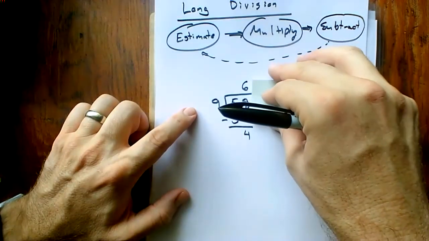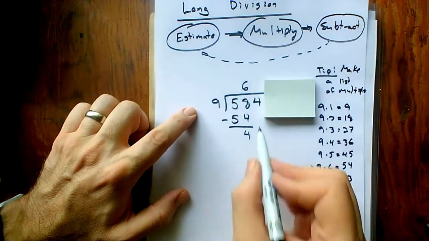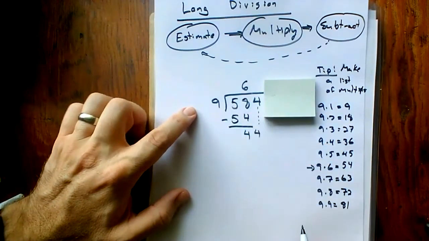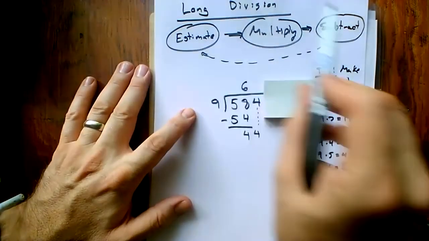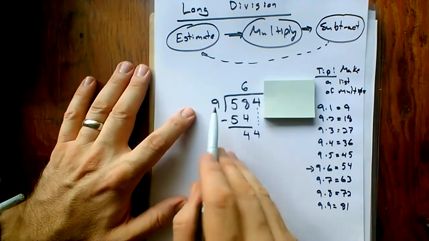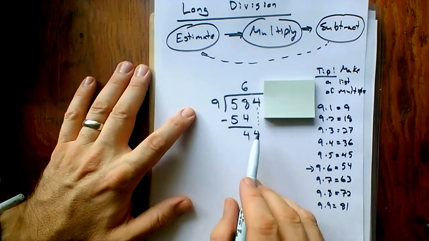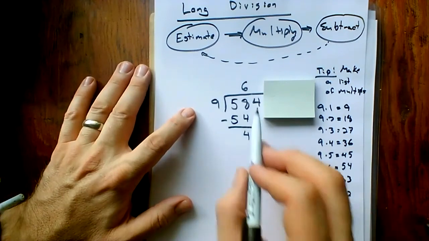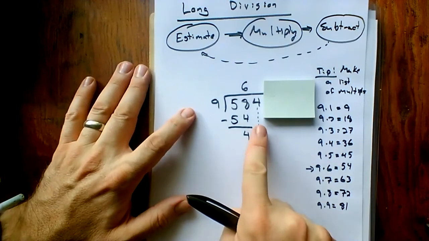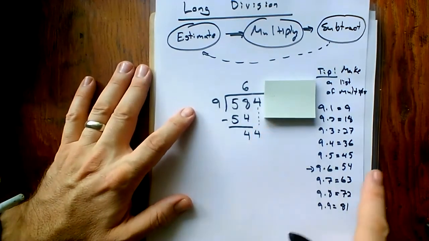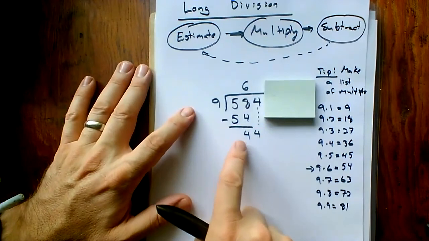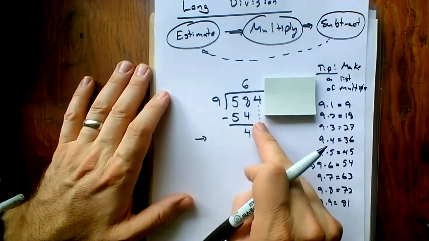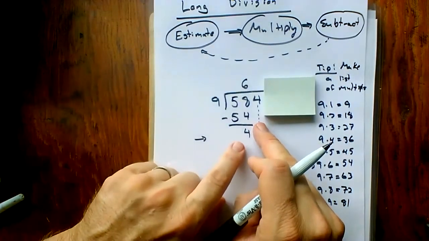Now, I'm going to bring my next digit over. This 4 is going to come down, and I'm going to start to repeat this process. How many times would 9 go into 44? Well, by the way, if you estimate too low, if I had put a 45 down here, that original difference would have been larger than 9.